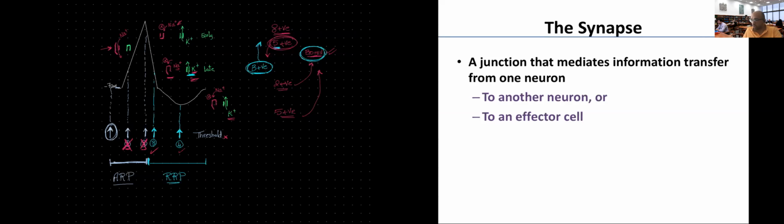Starting our discussion of the synapse. The synapse is the junction that mediates the information transfer from one neuron to another neuron, or from a neuron to an effector cell. We've seen the synapse when we discussed muscle contraction, if you remember.